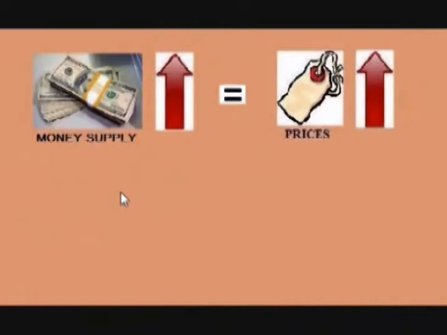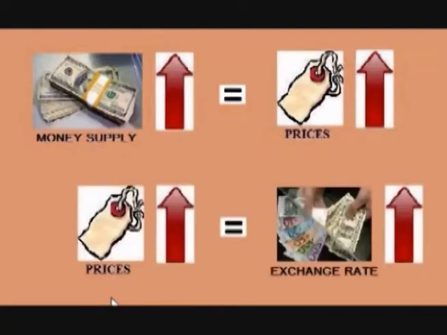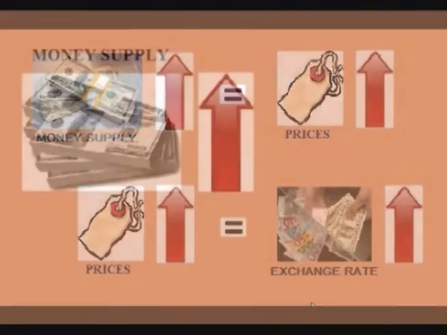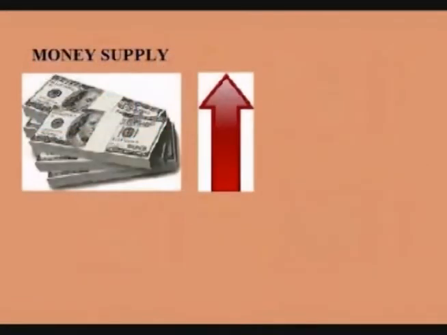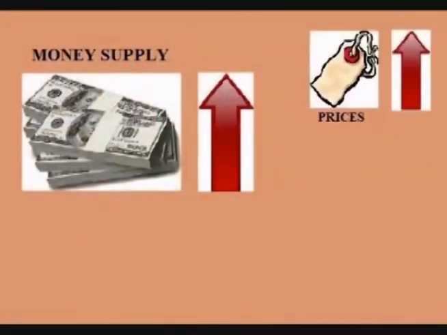The quantity theory of money states that an increase in the money supply leads to a proportional increase in the price level. The purchasing power parity tells us that an increase in the price level leads to a proportional increase in the exchange rate. Let's break that down piece by piece. If the money supply goes up, the country will experience inflation.